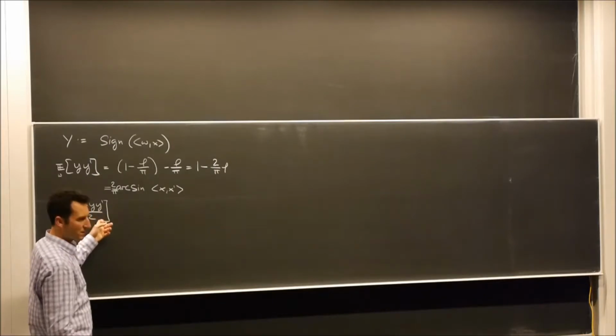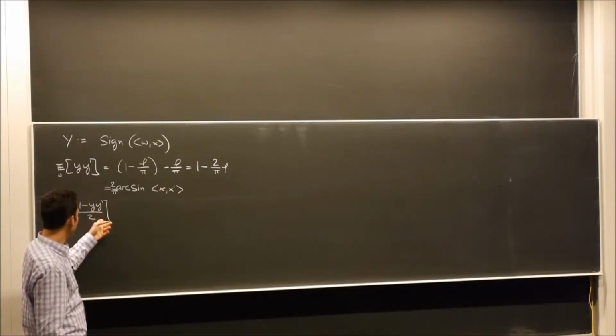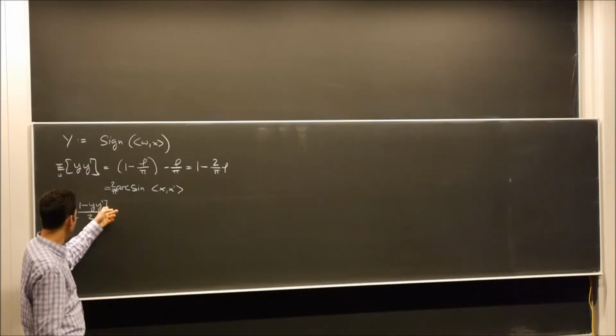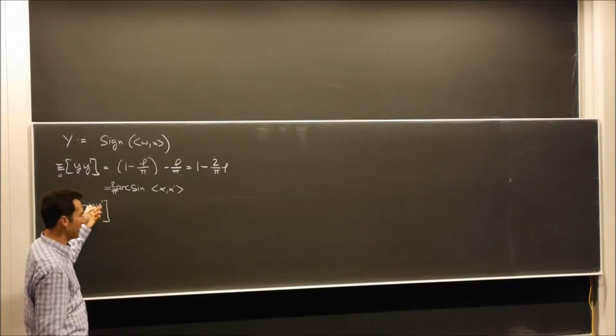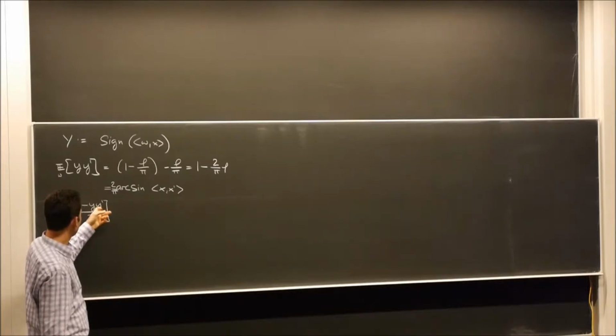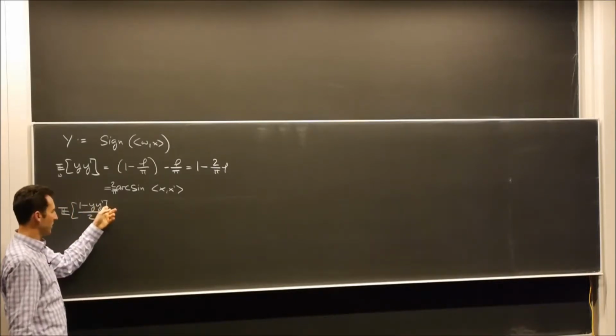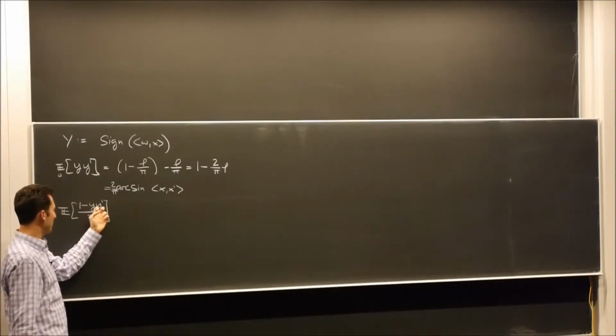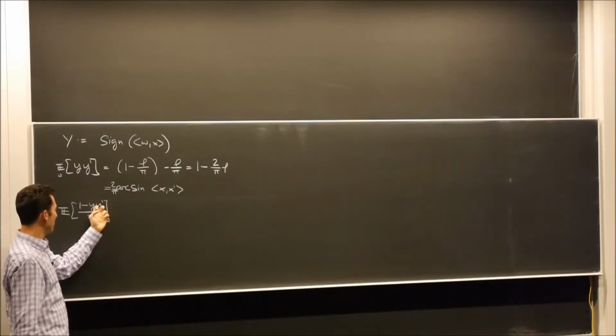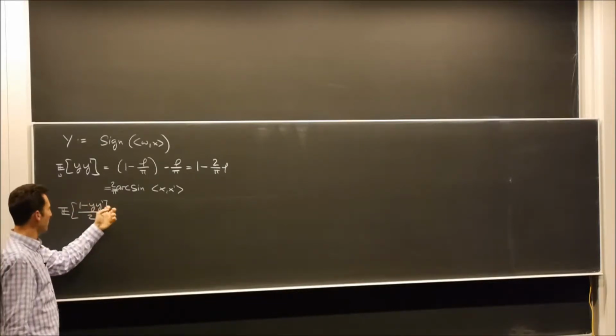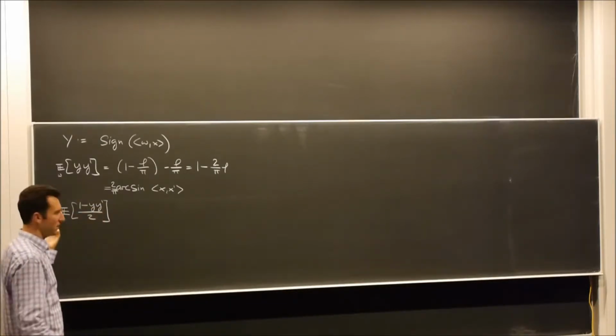So what this does is clearly it's 0 whenever y and y prime agree, and whenever they disagree, it's 1. Because remember, they are plus minus 1 valued variables. So whenever they disagree, this is minus 1, so I get 1 minus minus 1 is 2 over 2 is 1. Otherwise, it's 0.